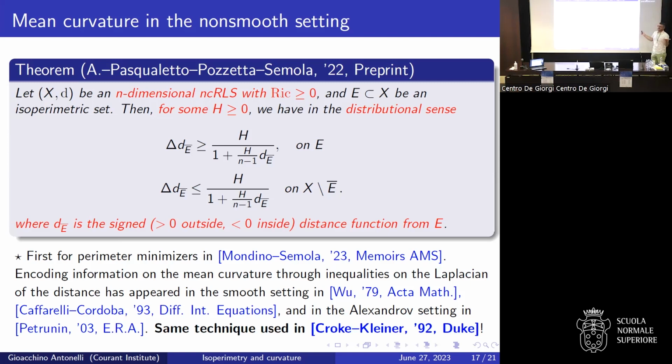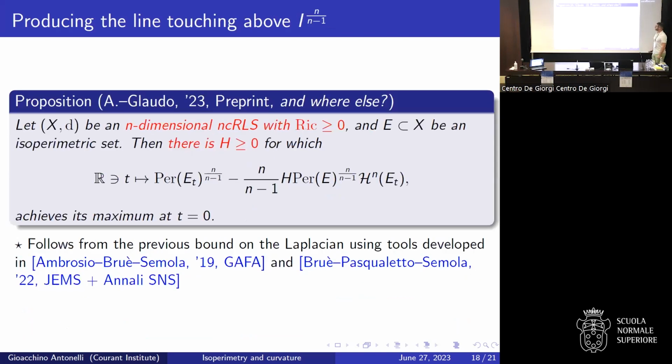Now I will not say anything on how to prove this because it will probably take a lot of time. Let me give this consequence. I also tried to look in the literature for a place where this proposition is explicitly stated, but I didn't find it. So if you know something, please tell me.